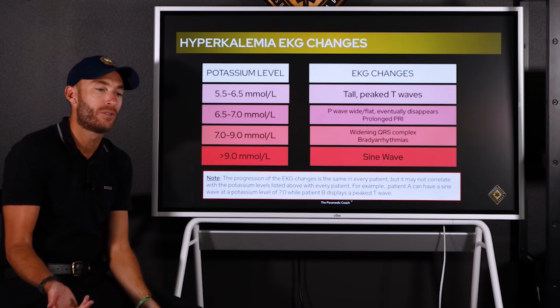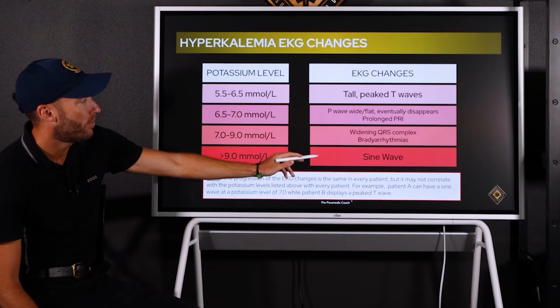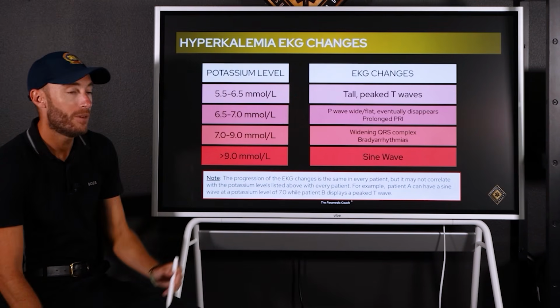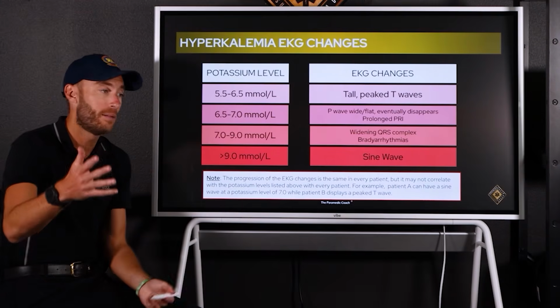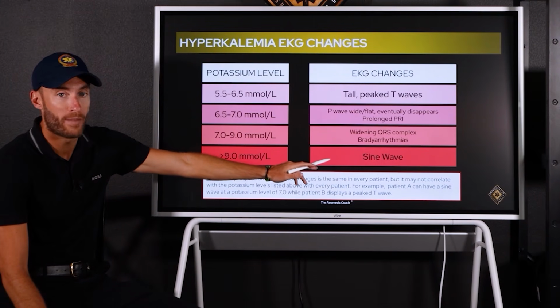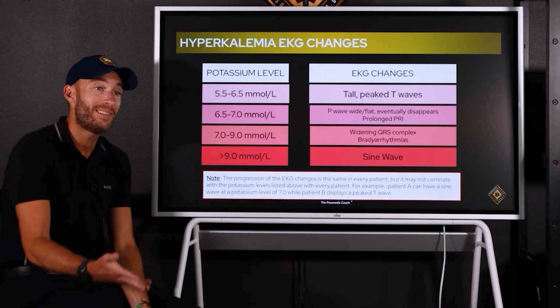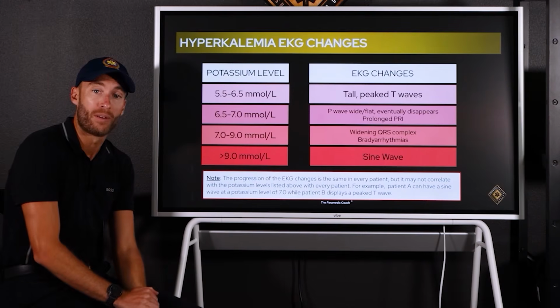Now in the field, do we really care whether it's a sine wave or a tall peak T? Well, a little bit, but here's why. We see a sine wave as the absolute worst wave on here and the highest level of potassium. If we see a sine wave, we know they're really, really sick.